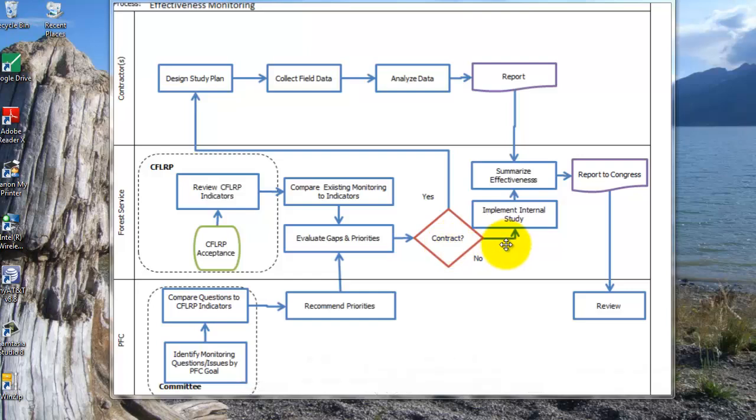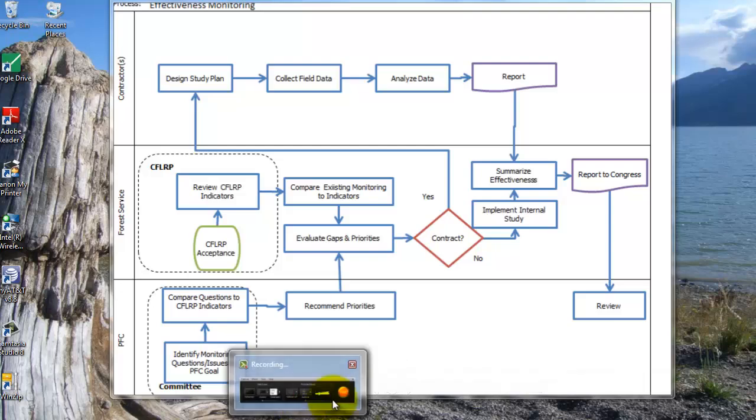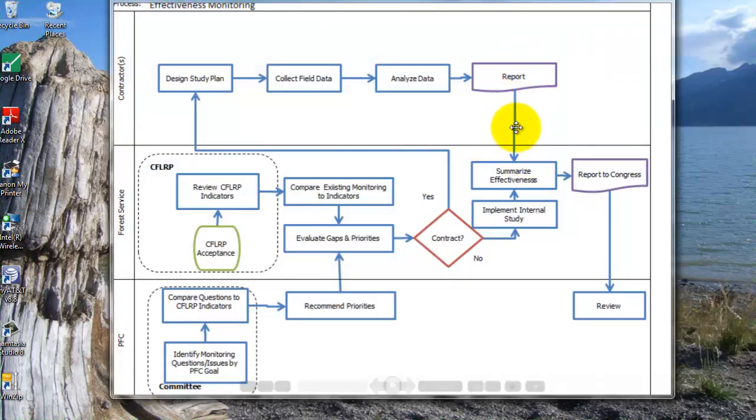It's similar for the internal studies, and some of these may already be ongoing. I'm saying implement internal studies if there is a gap. It's the combination of both the contractor reports and the internal studies that would provide the data source for summarizing effectiveness.